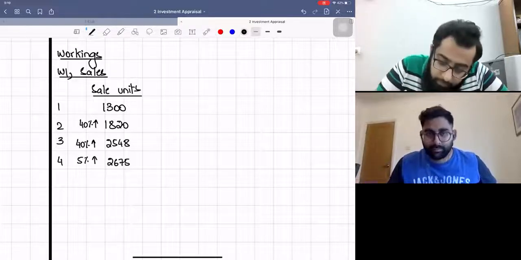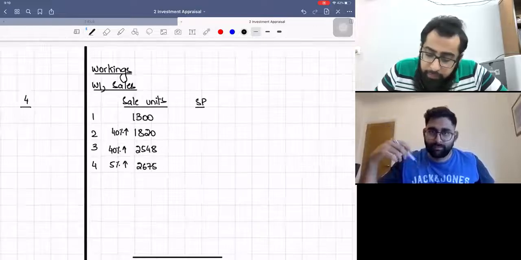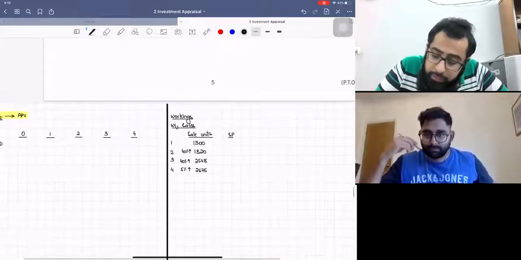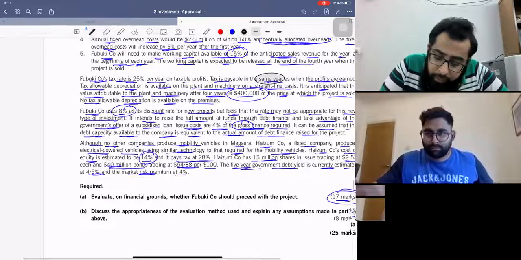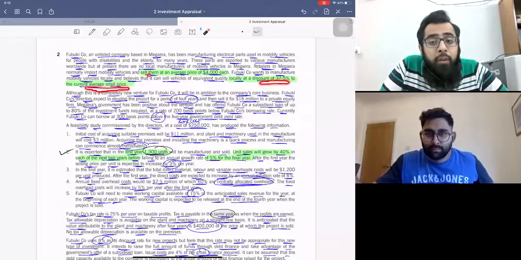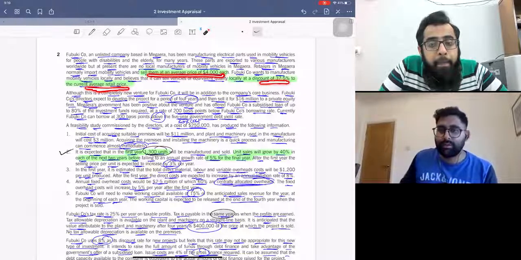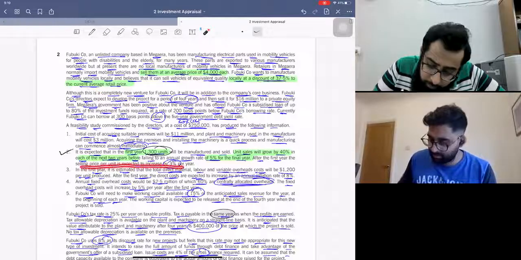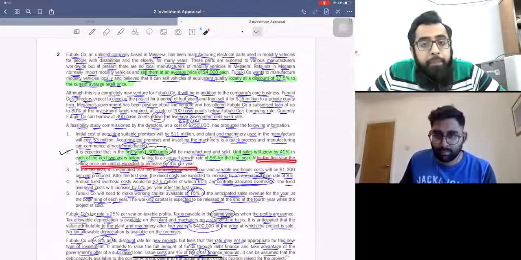Now let's look at the selling price. If you remember, it was a 37.5% discount to the retail price, and the current retail price was $4,000. The selling price is expected to increase by 3% per year after the first year.